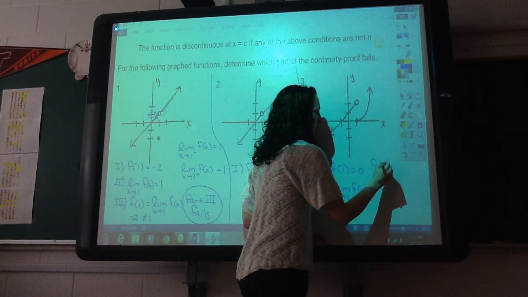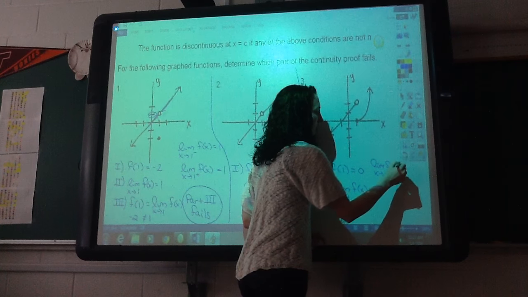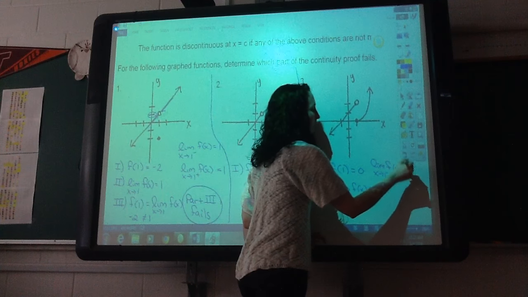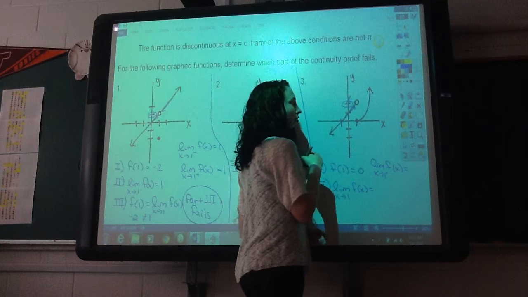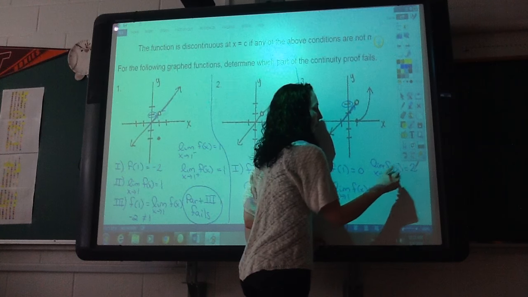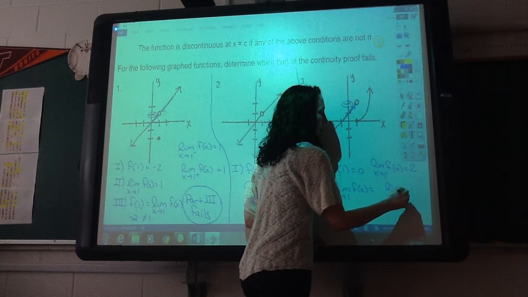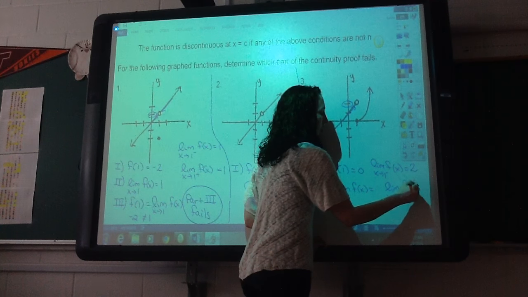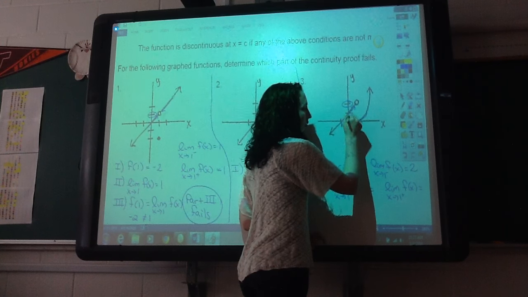So the limit as x approaches 1 from the left of f of x equals, from the left, I'm going towards this point. So that's 2. From the right, I'm approaching this point, which is 0.